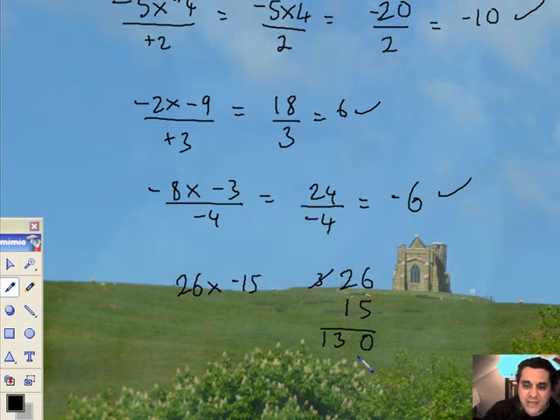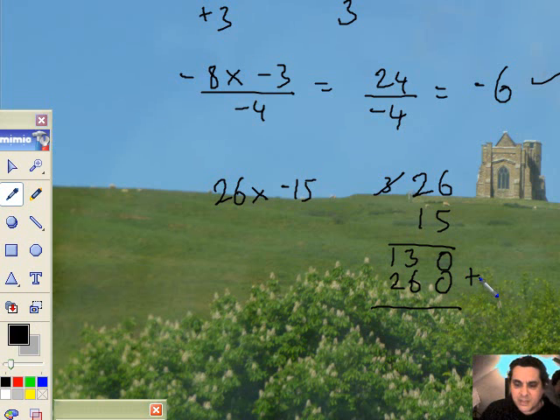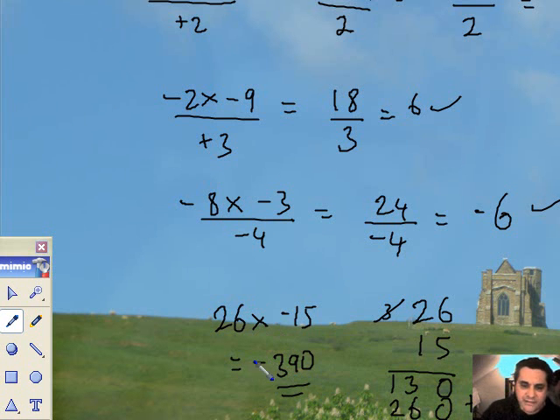Here we're multiplying by the 10, so put them all down, 1 times 6 is 6, 1 times 2 is 2, add these little things up together, 0, 9, 3, 390, so the answer is going to be minus 390.